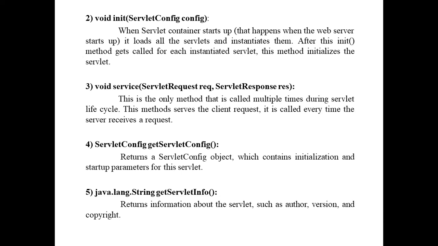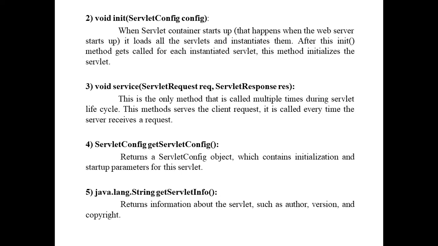After this, the init method gets called for each initiated servlet, and this method initializes the servlet. So simply, the init method is called for initializing the servlet, and the initialization parameter is obtained from the ServletConfig interface.